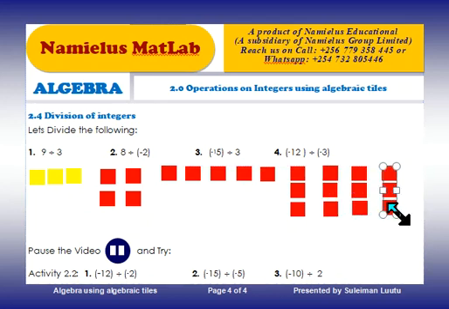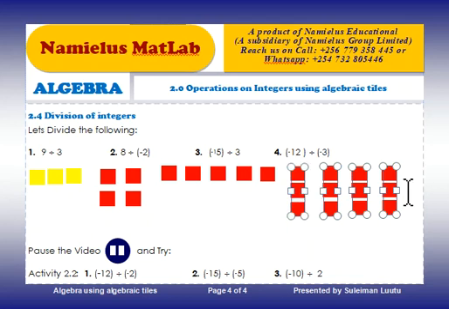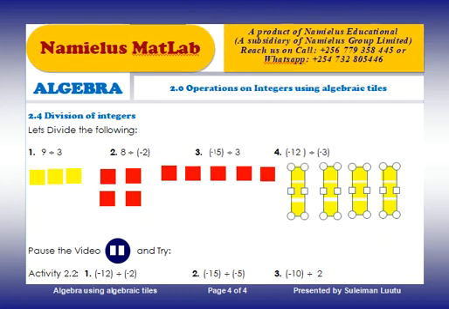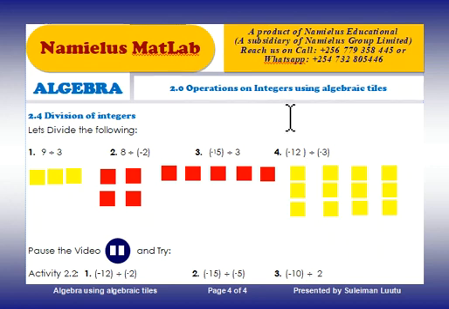So it means negative 12 divided by negative 3, we are getting 4 groups. But since this is a negative 3, it will affect the sign of this, and then they will turn to be positive. So we are going to have our groups becoming positive.